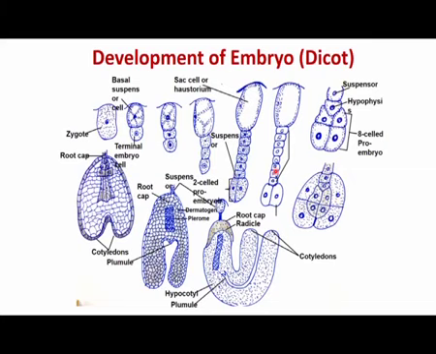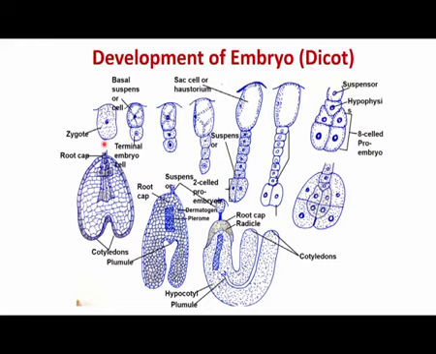In the case of a typical dicot plant, for example Capsella or any other dicot plant, the zygote enlarges in size while it is attached to the endospermic cell wall, and then ultimately it goes through an unequal division.